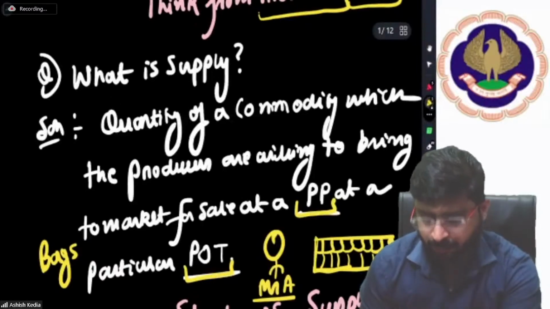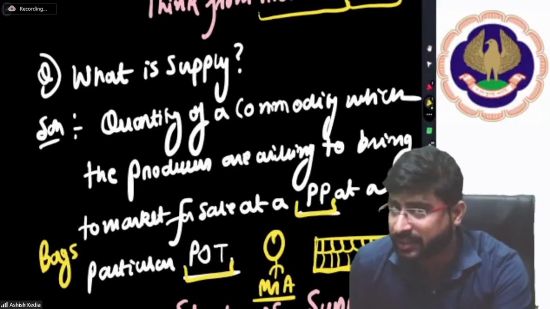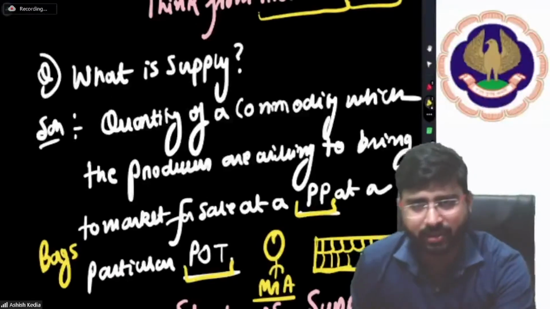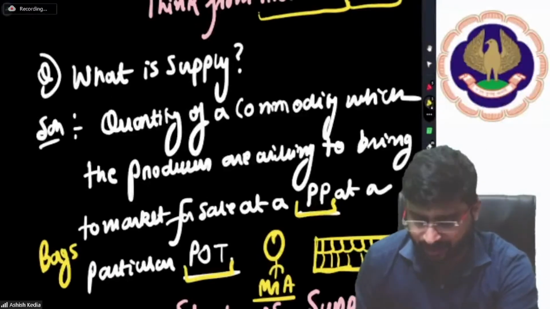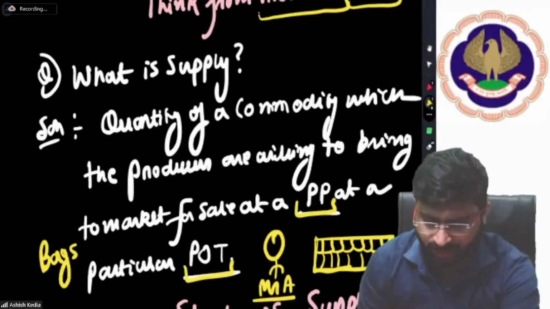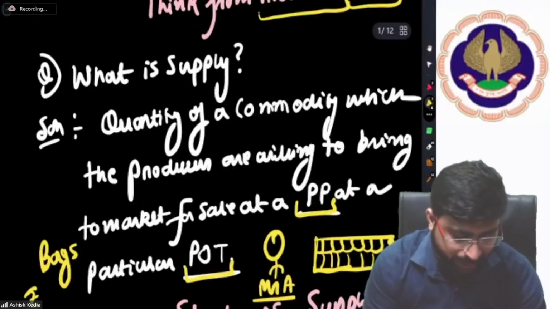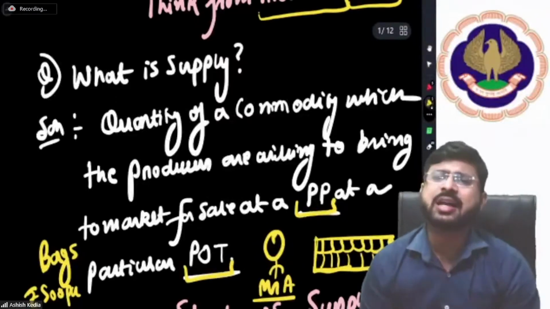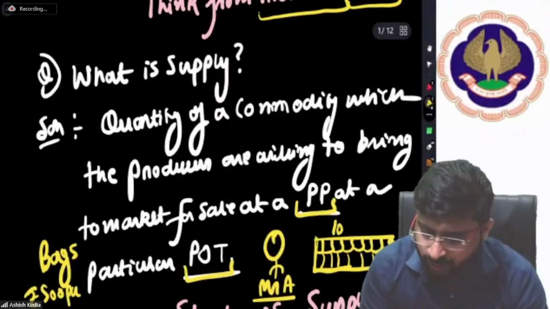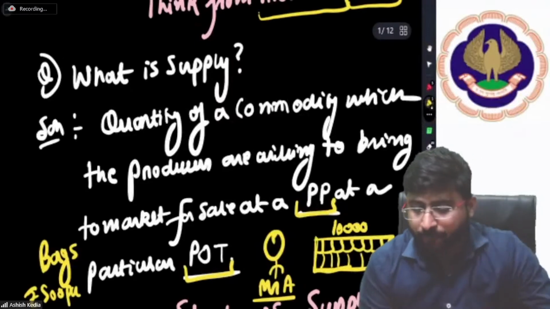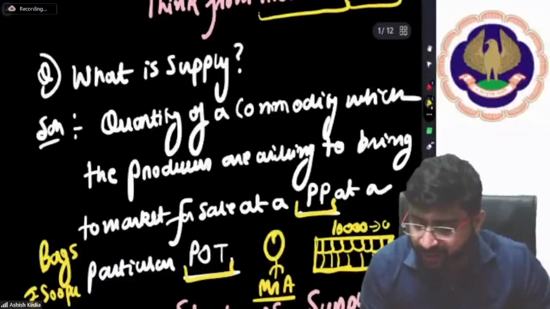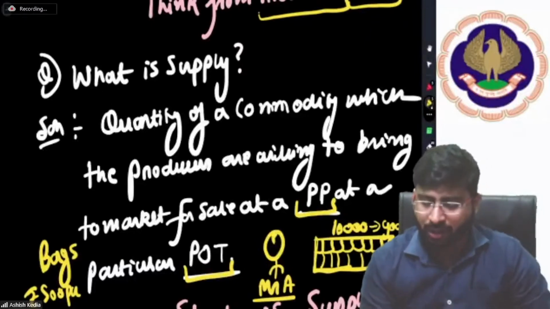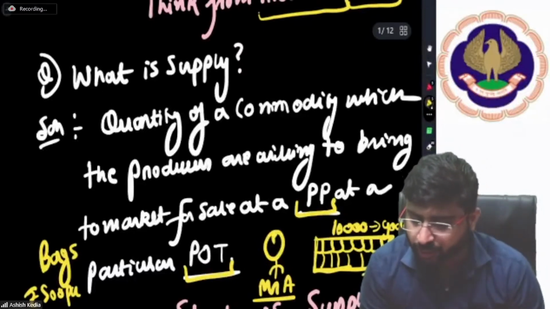But Mr. A thinks that in the near future, the price of bags will rise. So Mr. A says that at the current market price, let's say rupees 500 per unit, though we have 10,000 units in our godown, we are ready to sell only 3,000 units.